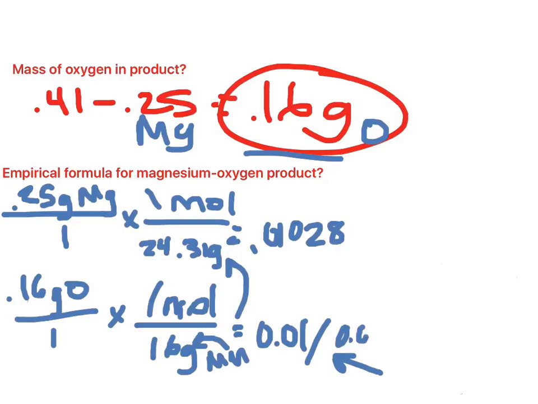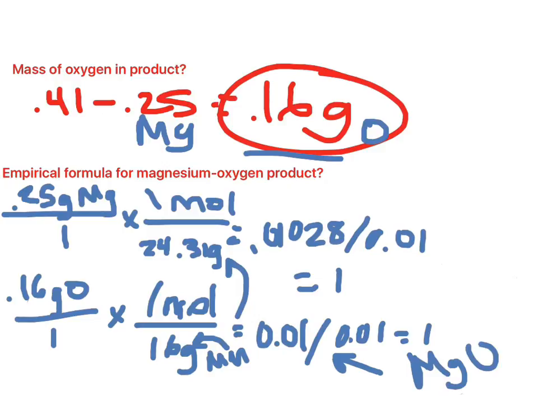So, you're going to take this and you're going to go 0.01 divided by 0.01. And they're both going to roughly come out to 1. Don't just do, like, 1.00, like, 2. No. Round it to the nearest whole number. So, then you're just going to get MgO as your answer.